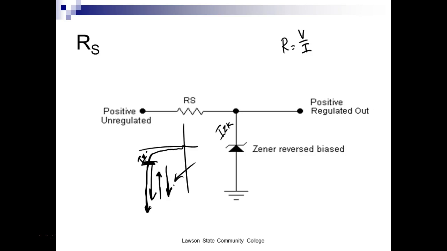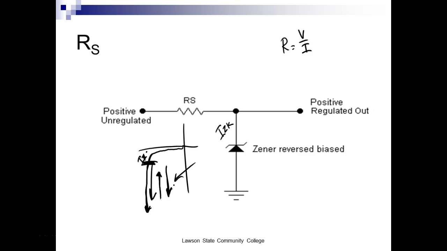Are we going to use the minimum load current or the maximum load current? If my load current goes up, my Zener current goes down, which means we're moving toward IZK. We don't want to move toward IZK.